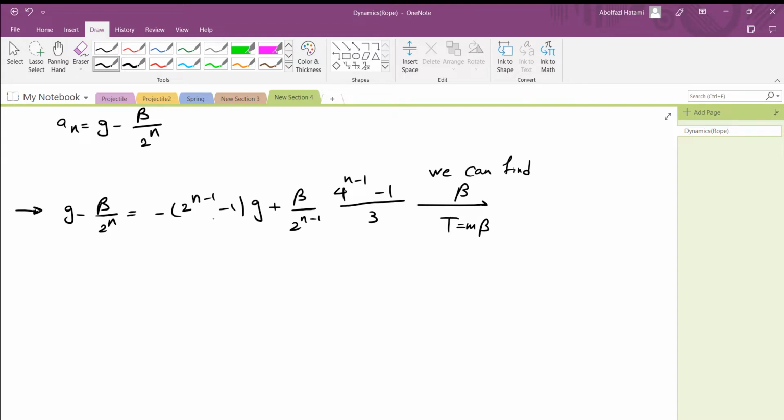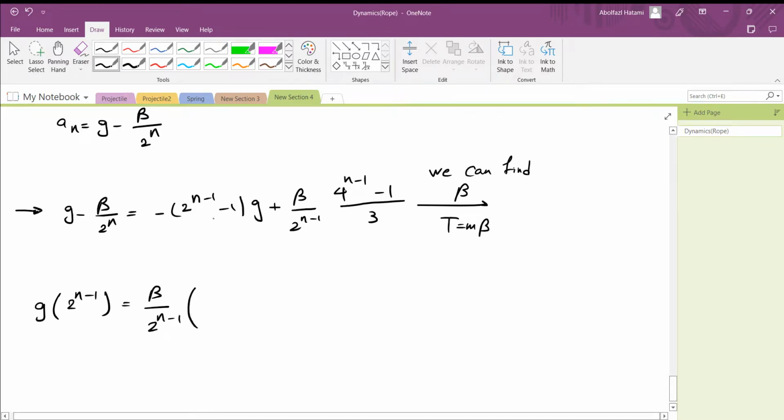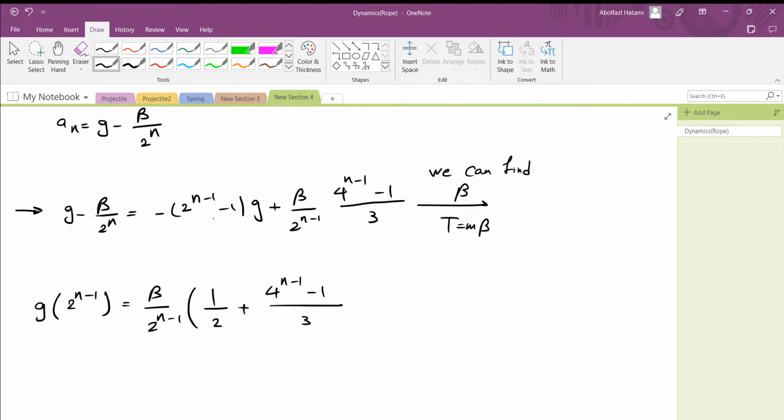If I move this expression here, we can obtain that g over 2 to the power n minus 1 is equal to beta divided by 2 to the power n minus 1, times 1 over 2, plus 4 to the power n minus 1 divided by 3.